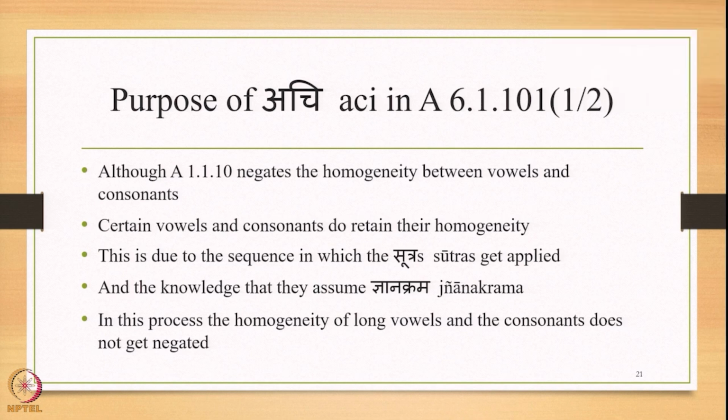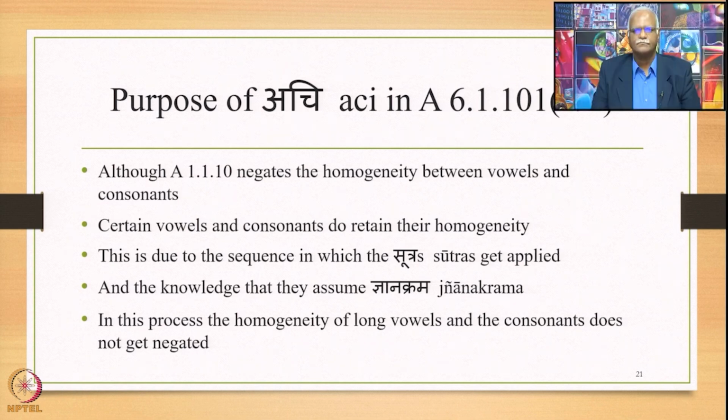So what is the purpose of aci? Because if you have ak followed by a savarna, then obviously it is going to be another vowel. What is the need of aci continuing? This is a very deep question.